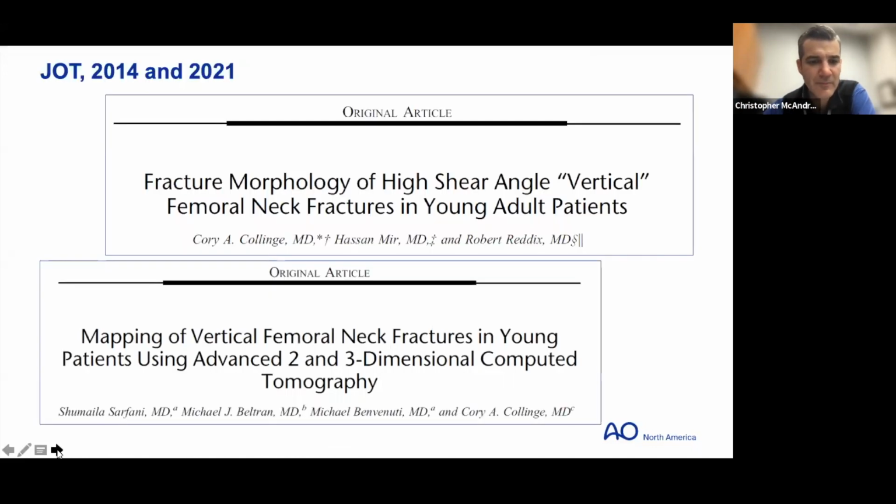I think the points to make in this section are that Corey Collins wrote a great paper, back in 2014, and there are a lot of patterns, like our first patient, that patients follow. The relatively vertical shearing pattern, femoral neck, and a high energy injury with a little bit of comminution that's inferior and posterior.